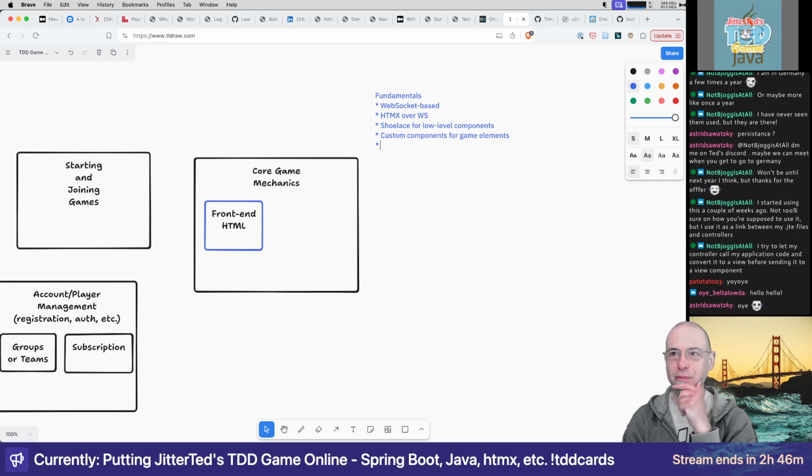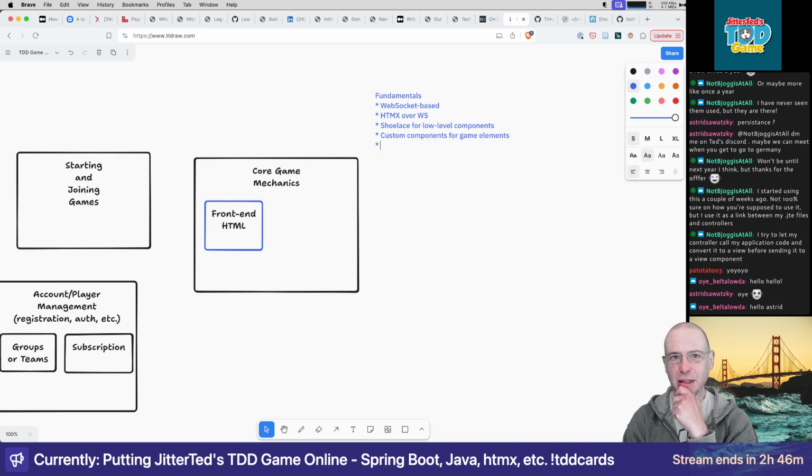Obviously, we'll test drive this, or maybe not obviously. We'll use the testable architecture. What else?